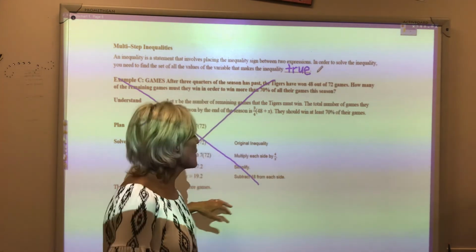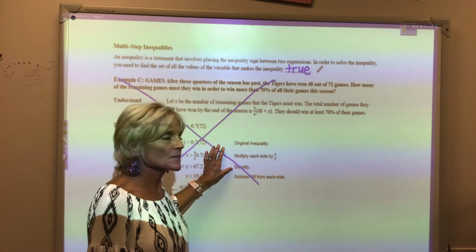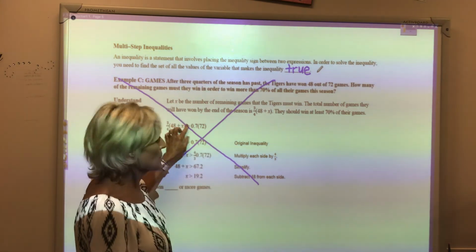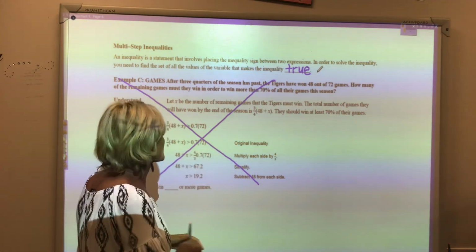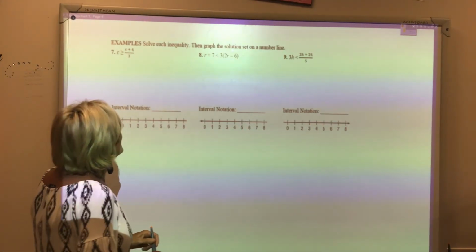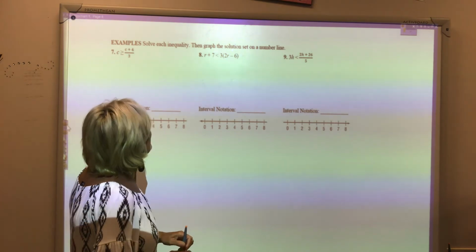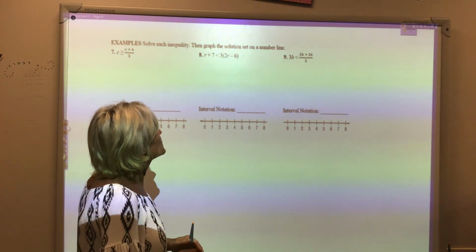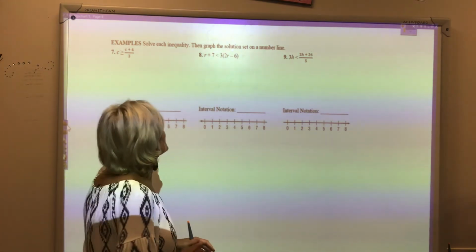We're also going to leave off the word problems on this section, so mark out example C. And we will do the following 3 examples to show multi-steps.